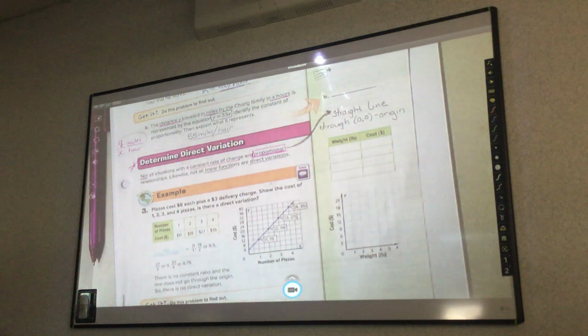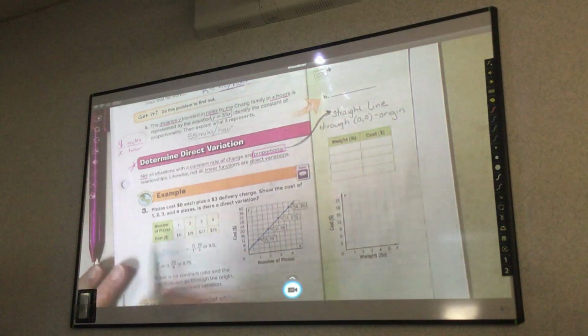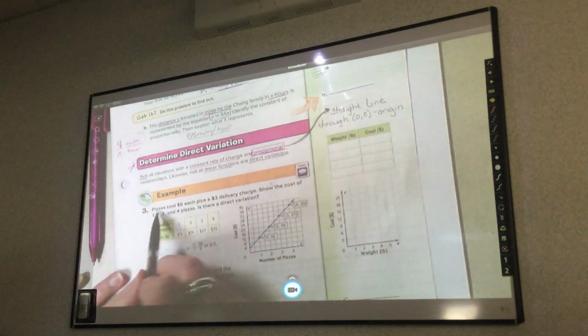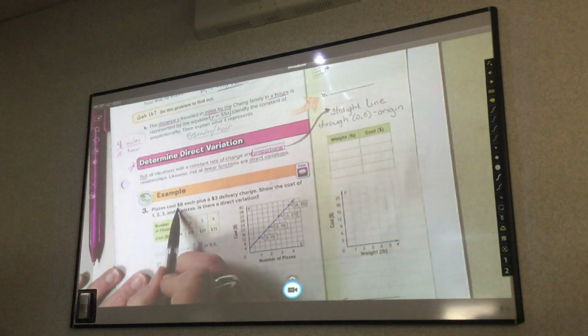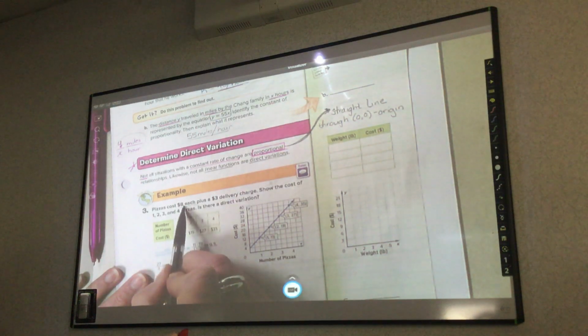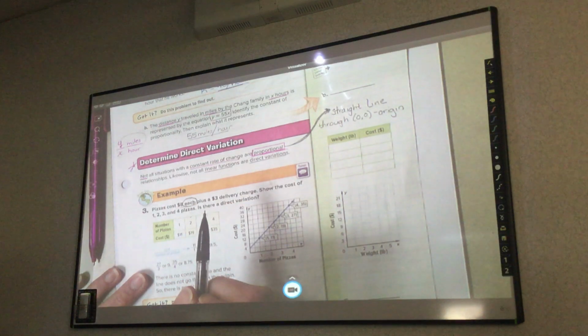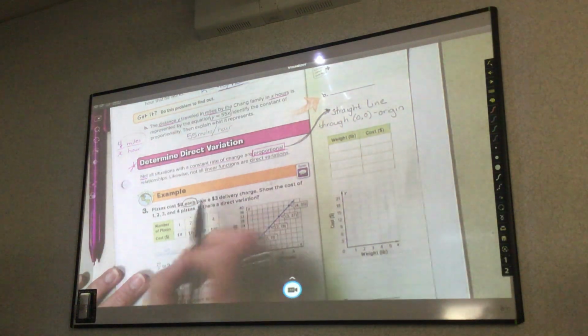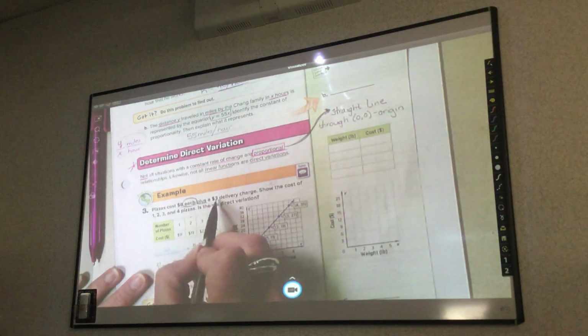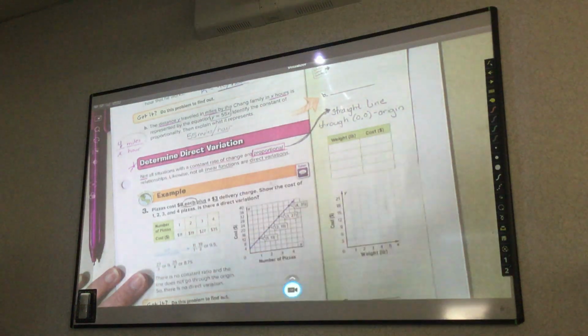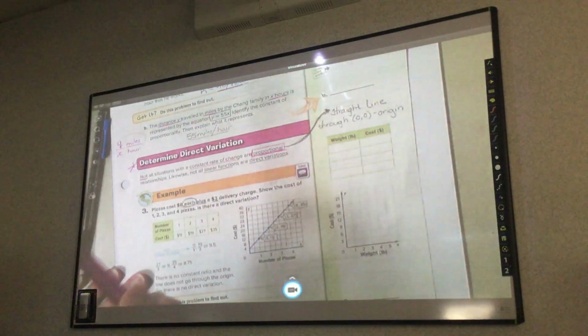So let's look at this example. Pizza costs $8 each. What does each mean? Multiplication. Plus a $3 delivery charge. Start by writing an equation to solve this.